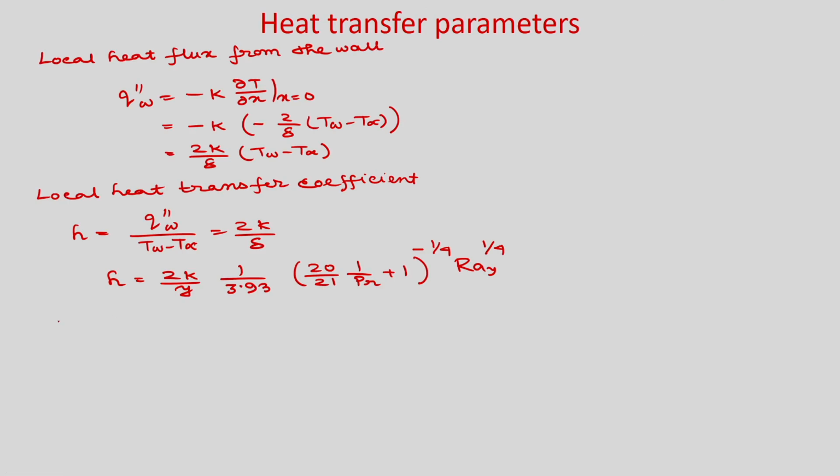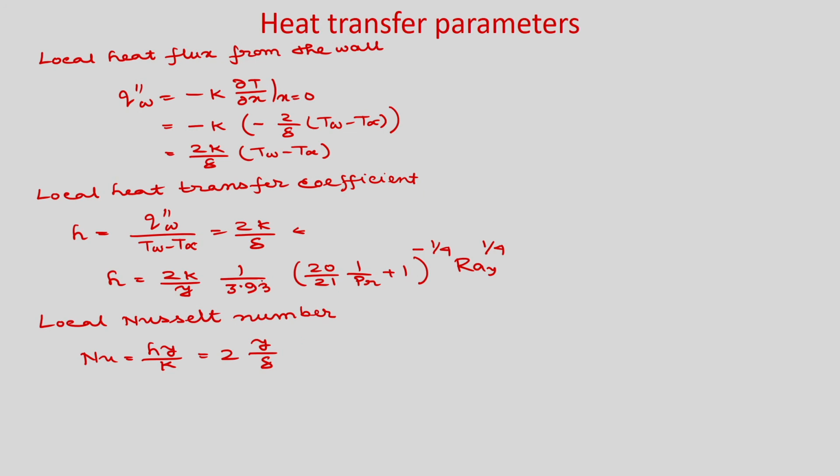Okay. So, from this expression we are writing the value of heat transfer coefficient. Now, you can write the local Nusselt number. Okay. So, you will get h y by k, so it will be 2 y by delta. Okay. From this expression you can see h y by k, you can write 2 y by delta.